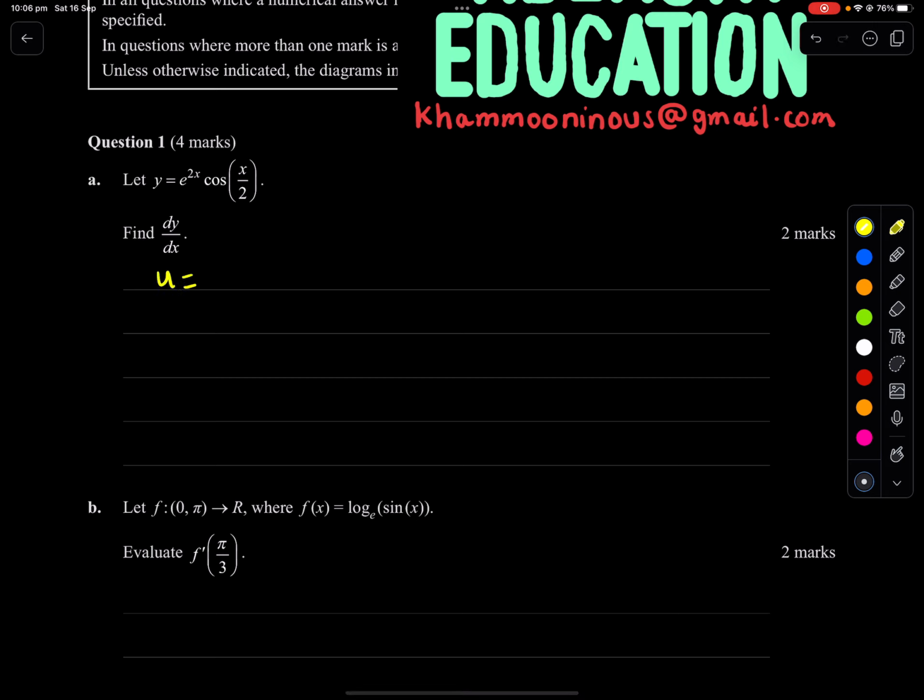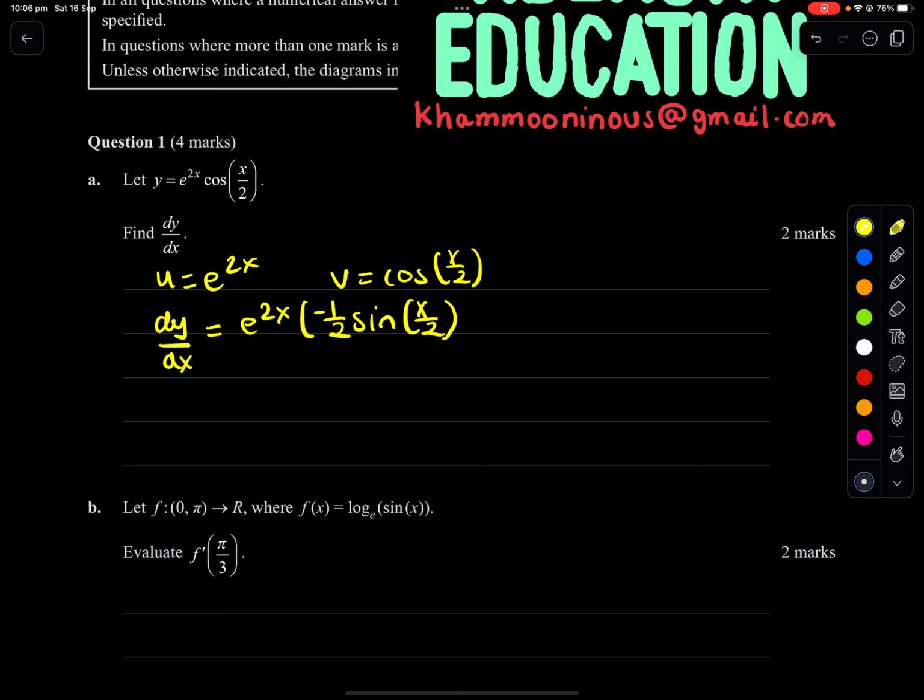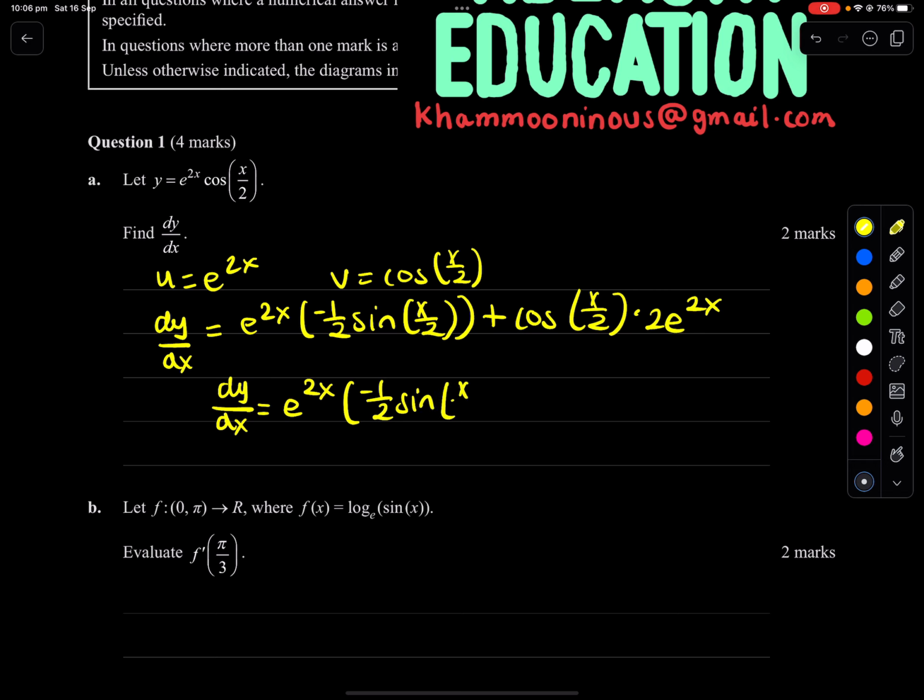So u is e^2x, v is cos(x/2), so dy/dx is equal to e^2x times negative half sin(x/2) plus cos(x/2) multiplied by 2e^2x. So the final answer for dy/dx: e^2x we can take as a common factor, so we say e^2x times negative half sin(x/2) plus 2cos(x/2). Yeah, looks good.